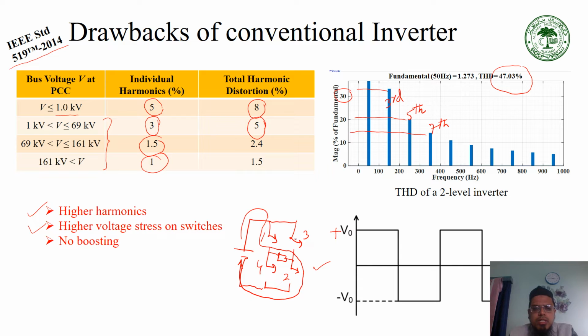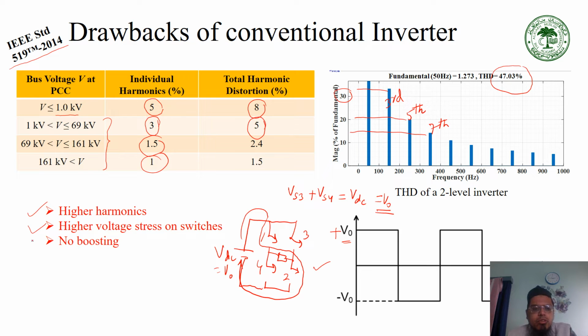The stress that would be appearing across 3 and 4, the stress across V3 and stress across V4, will be equal to the input voltage, the VDC, or V0, since I am representing it by V0. So this is quite high.